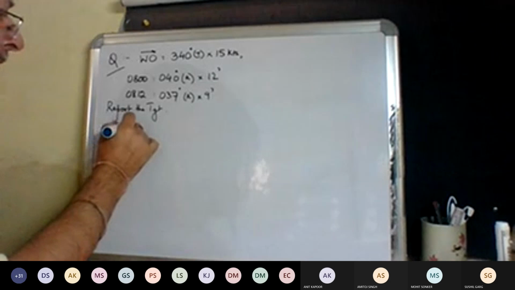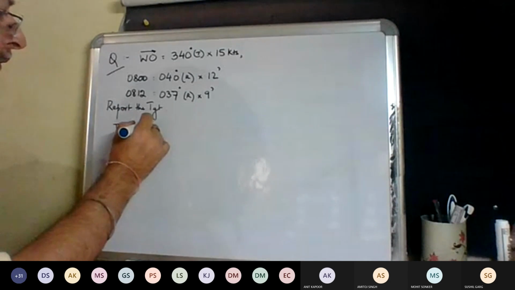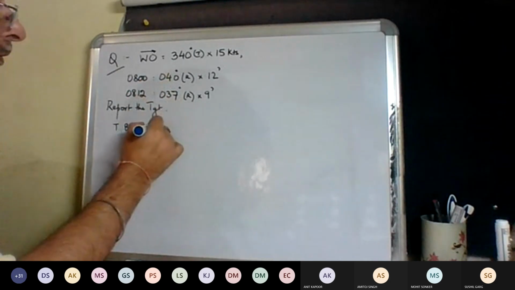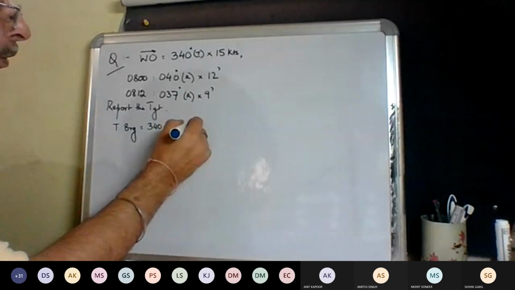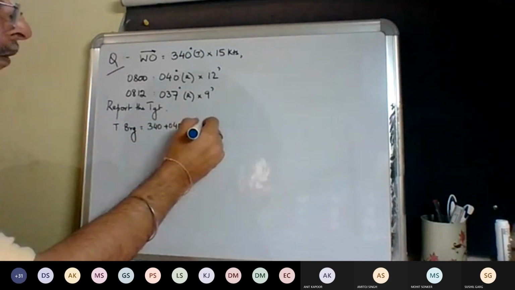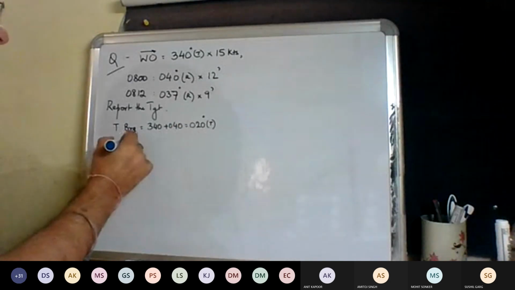So true bearing is 340 plus 40 will give me 020.